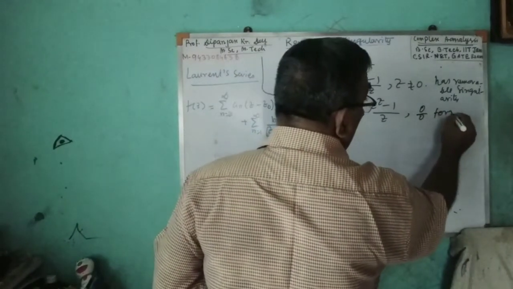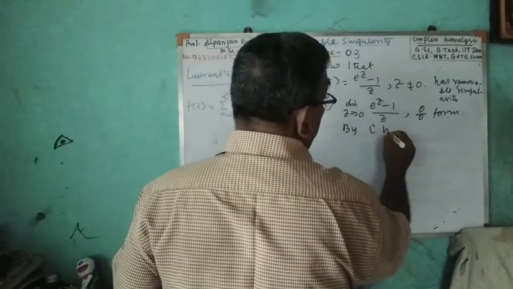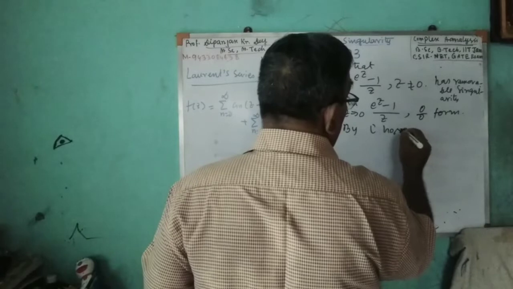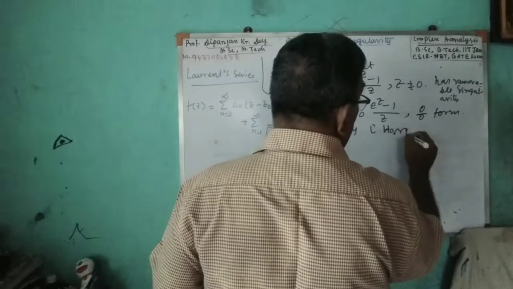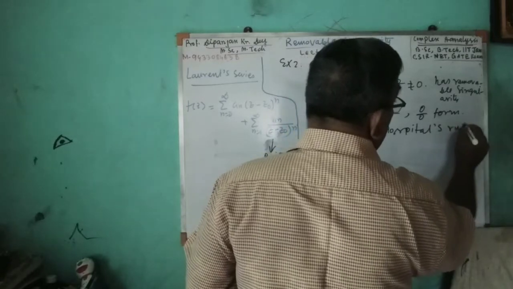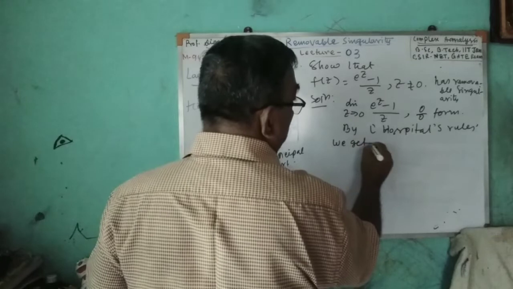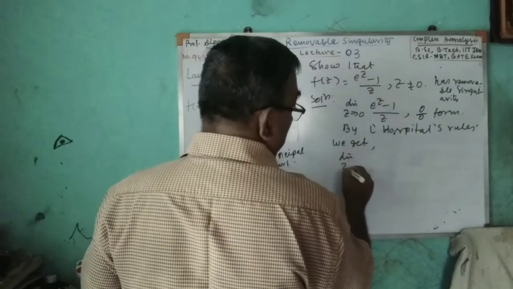Then by L'Hospital's rule, we get, what is this? Limit z tends to 0.